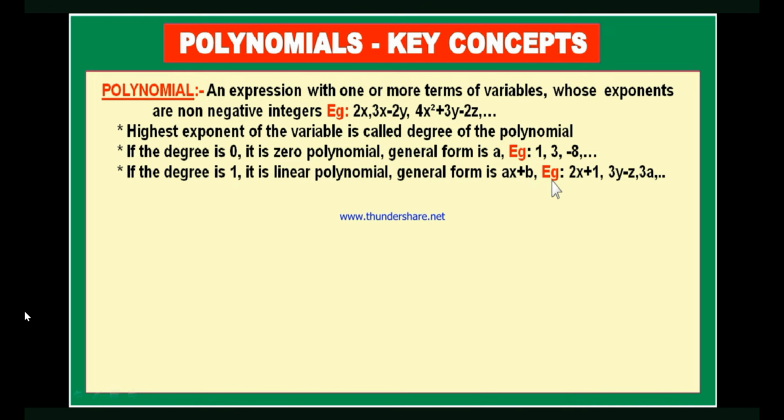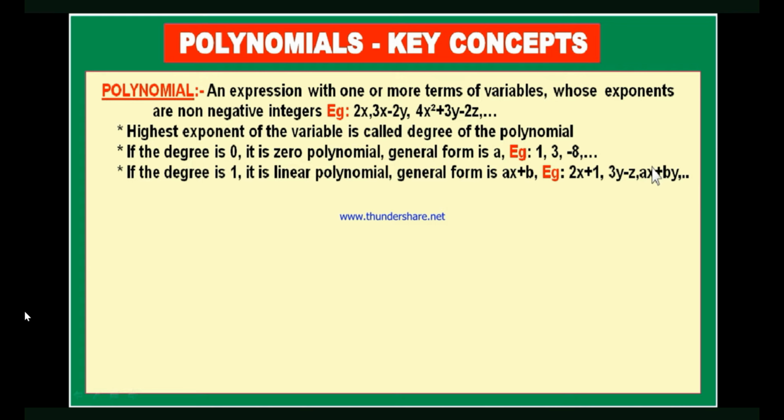For example, 2x plus 1 is a linear polynomial in one variable x. And 3y minus z is also a linear polynomial, but in two variables. And another example, ax plus by. Here, ax plus by is a linear polynomial because there are two variables x and y.